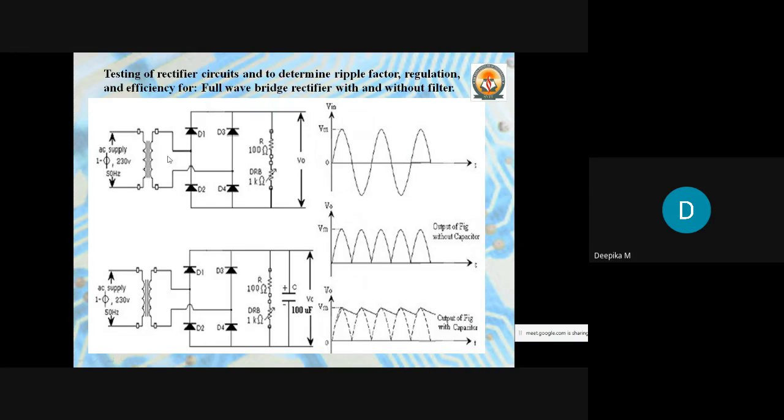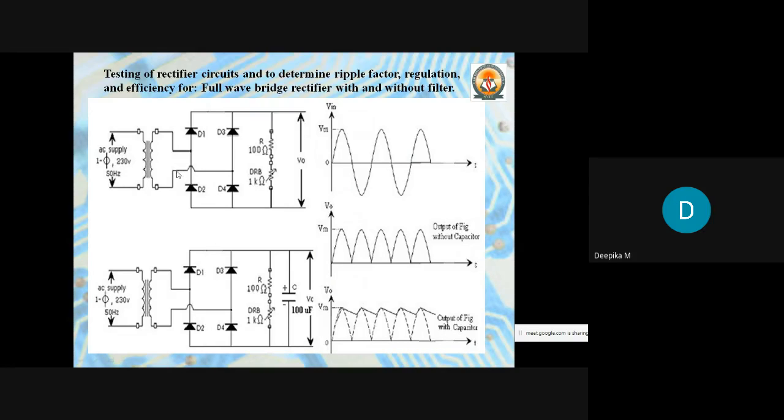And coming to the working, in the positive half cycle, D1 and D4 are forward biased. So these two will conduct, and the current will flow from the transformer to D1, to the resistor, that is to the load, and to D4 and back to the transformer. In the negative half cycle, D3 and D2 are going to conduct.